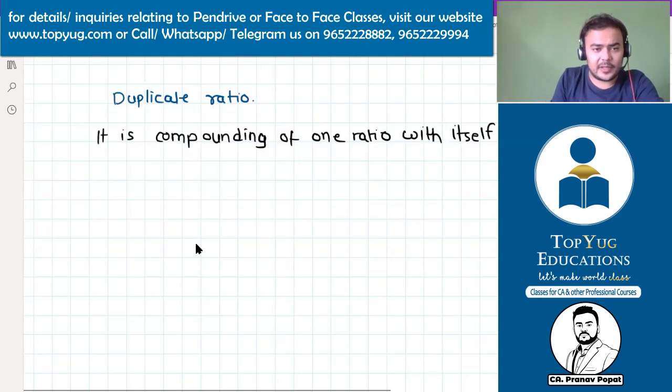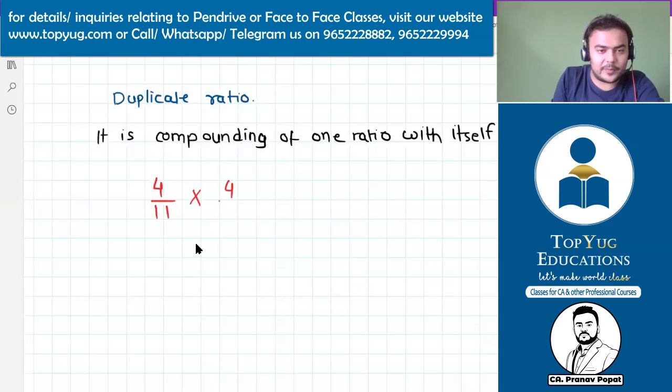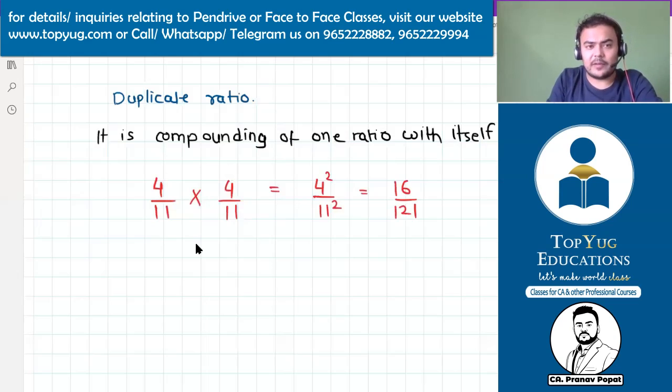What I wrote here, with itself. So if a ratio is 4 ratio 11, if you compound it by itself, compound it means multiply it by itself, what will you get? 4 square upon 11 square. Very simple, which is 16 upon 121. So whenever you hear this word duplicate, it should be clicked that just square the terms.